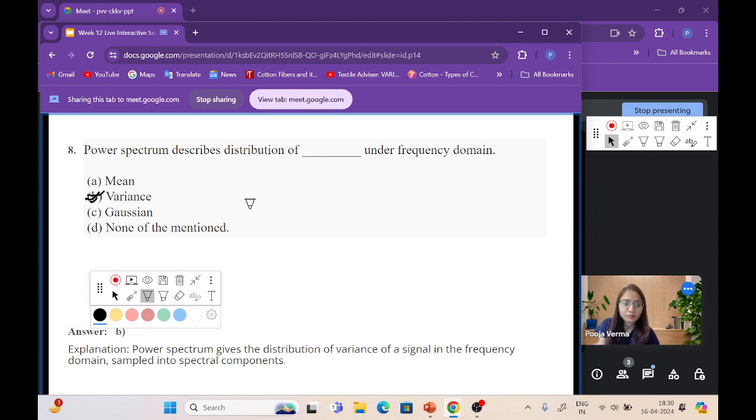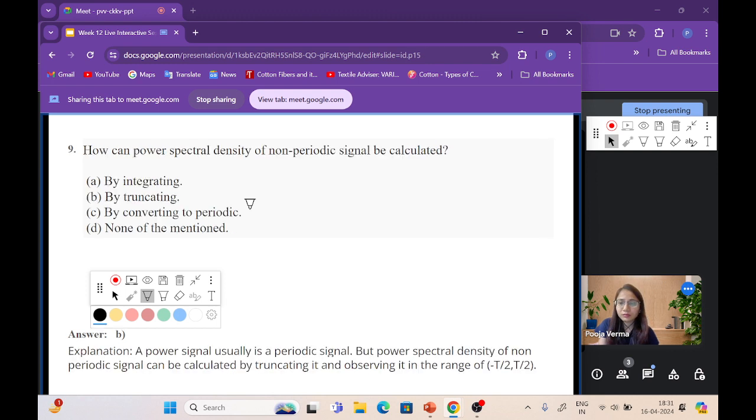Okay. Moving to the next question. The next question is: how can the power spectral density of a non-periodic signal be calculated? Option A is by integrating, option B is by truncating, option C is by converting to periodic, option D is none of the mentioned.